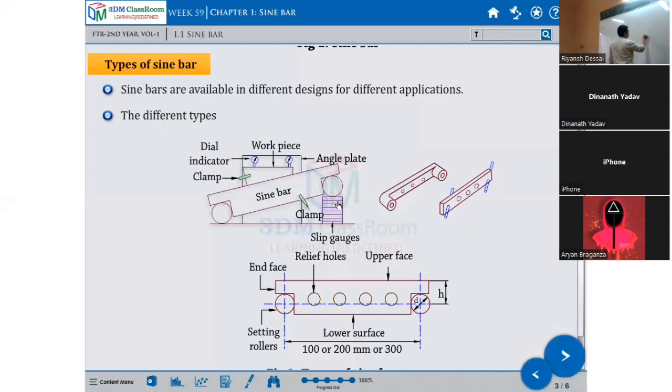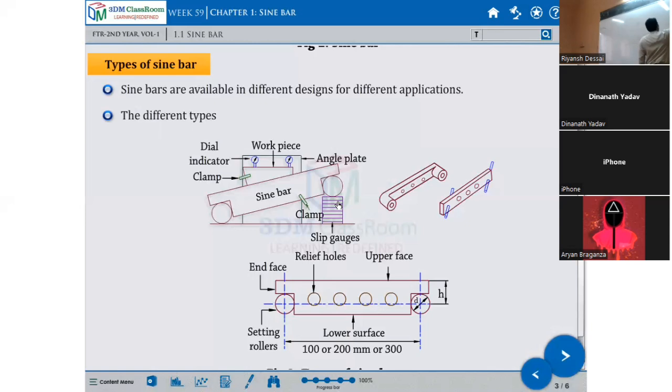The height of the slip gauge. So here, this is one triangle. This is a perfect triangle.